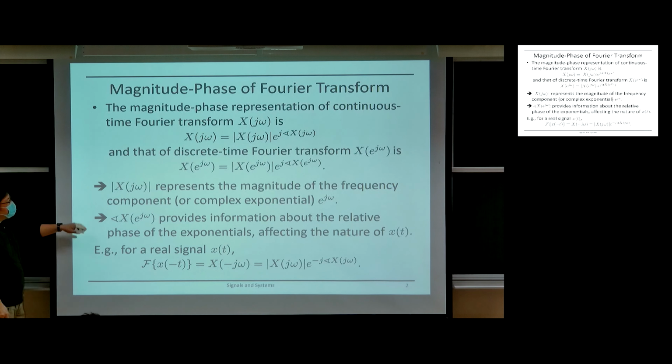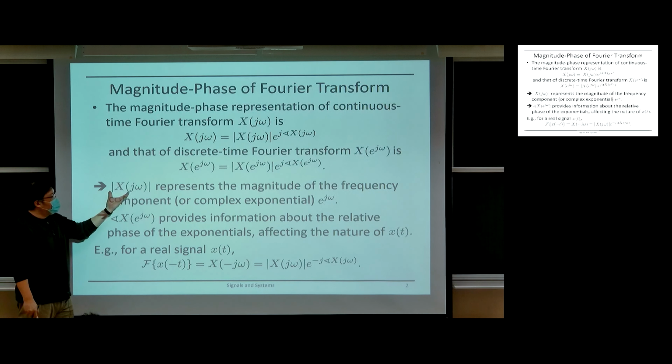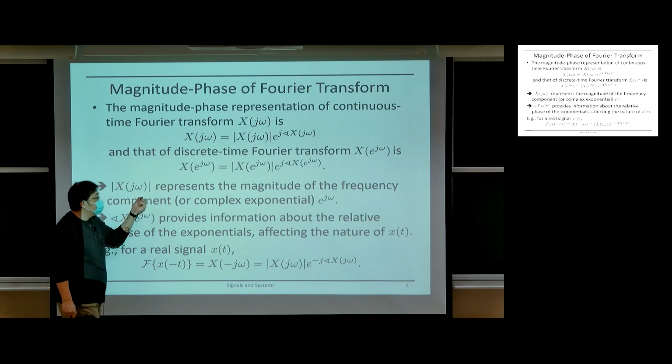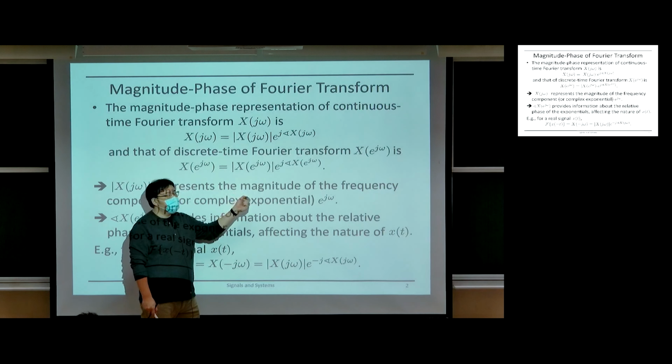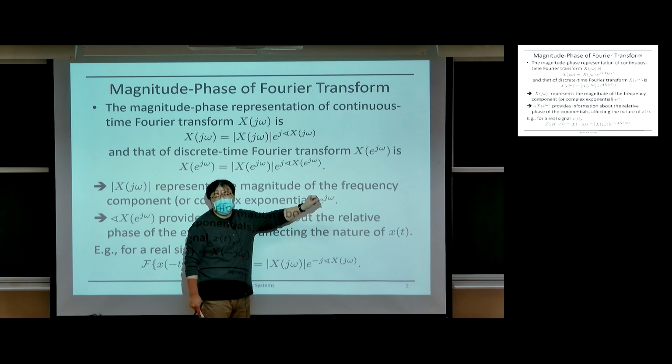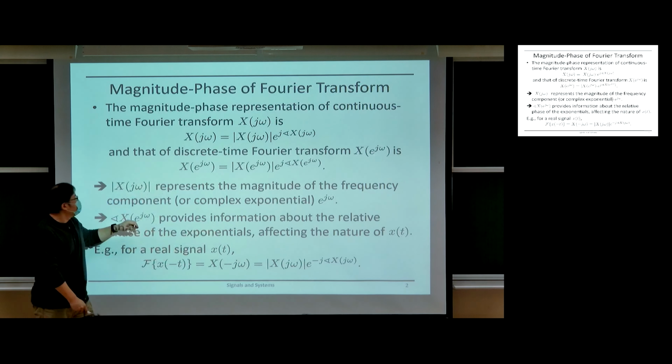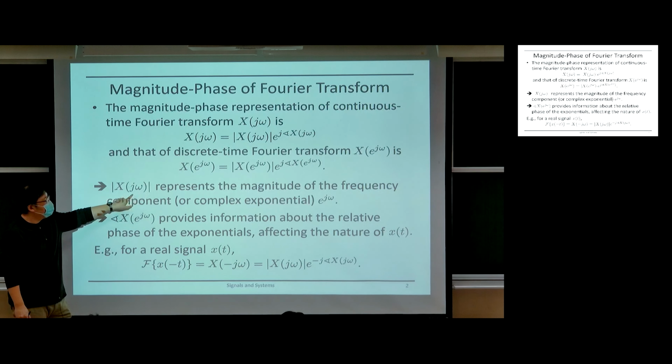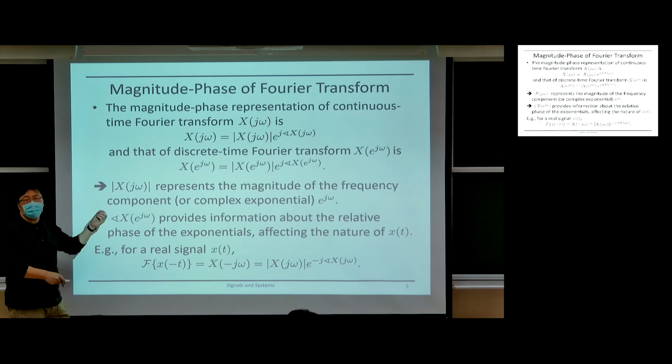Now the magnitude here tells you how large is the component of the frequency at this omega. So the magnitude here tells you how large is this frequency component, e to the j omega, contained inside the signal x of t.